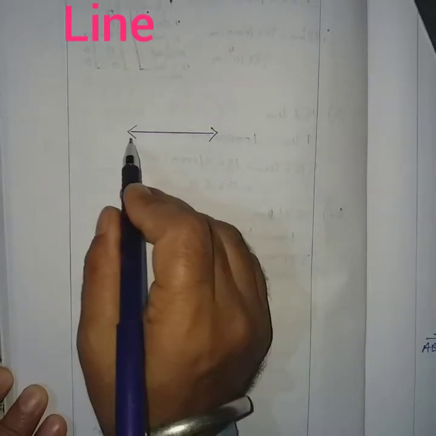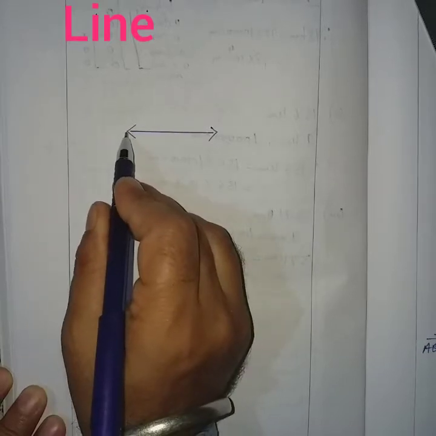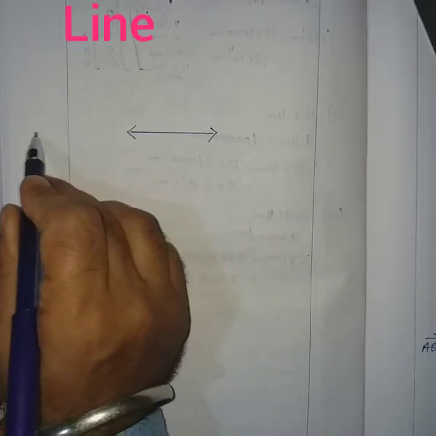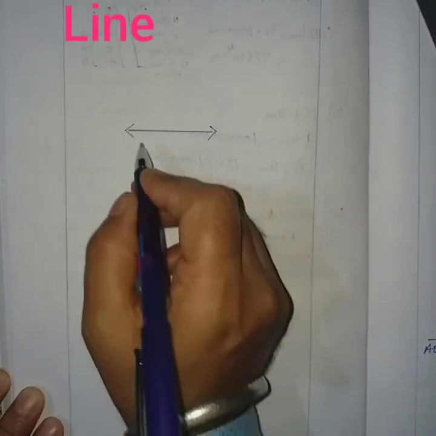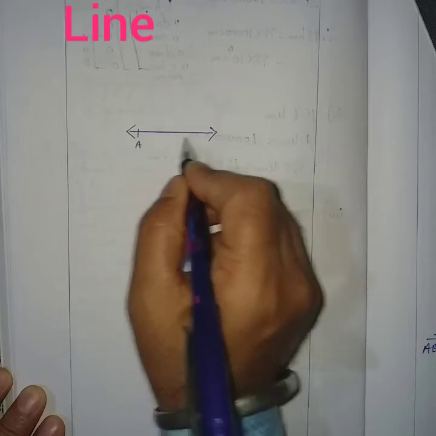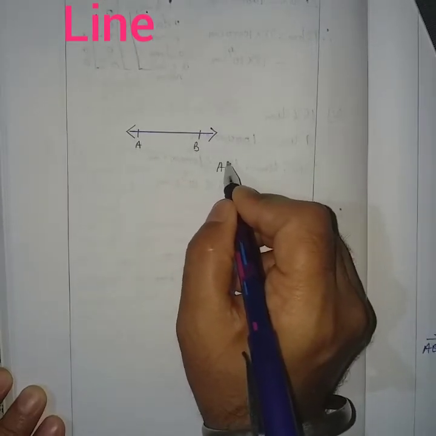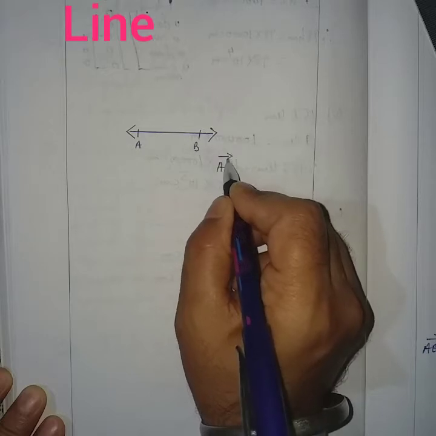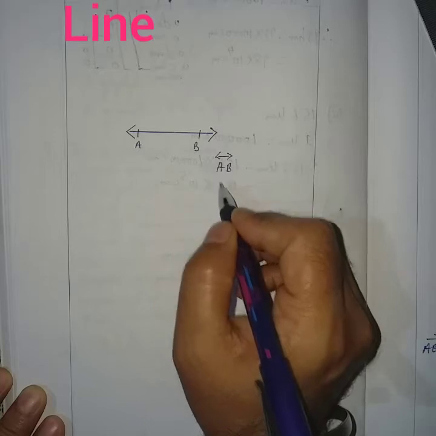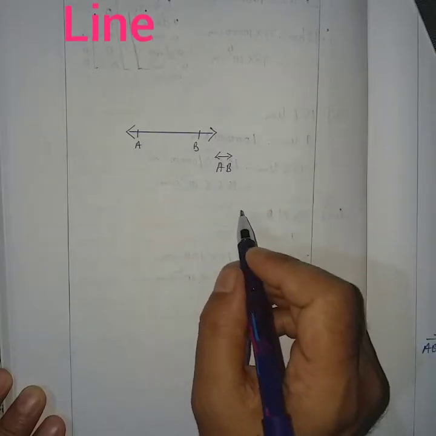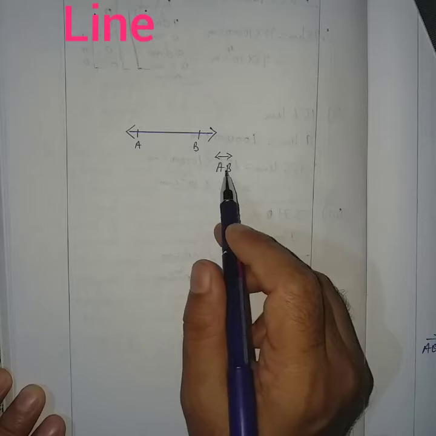So it is not possible to draw a line in this paper because this is extending this side and this is extending this side. So we represent a line by AB and above this, arrows at the ends.